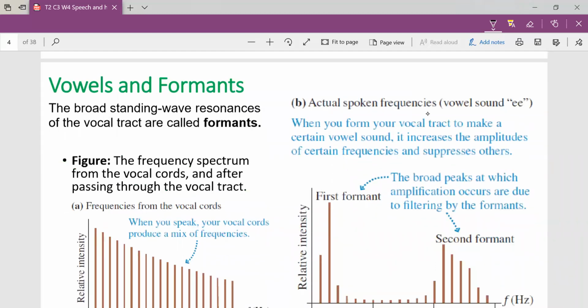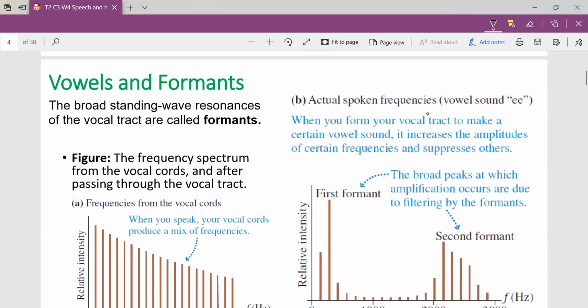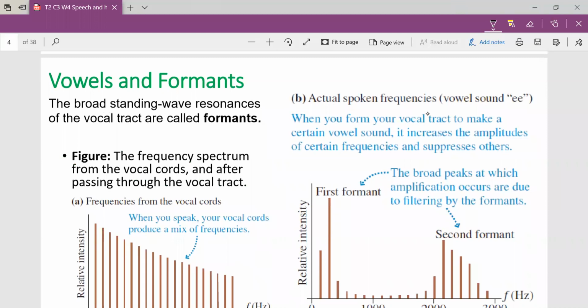How are we able to say, oh, this person is speaking at a high tone or a low tone, high pitch or low pitch? So we want to look at vowels and formants. Now, what we mean by formants is typically the broad standing wave resonances of the vocal tract.